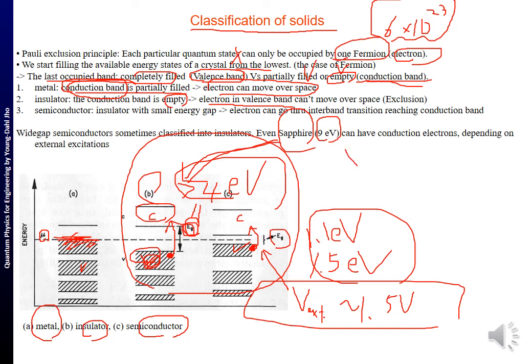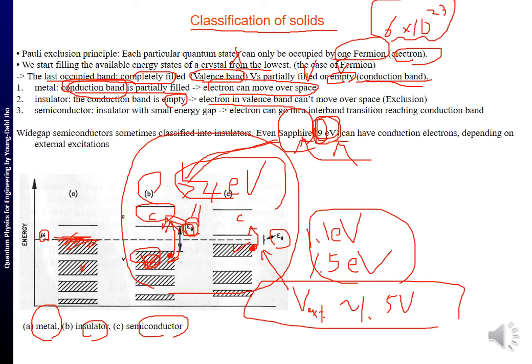Still, if you apply a very high external bias, the electron can be excited into the conduction band, but it is very, very hard. So we just consider sapphire an insulator. Okay.